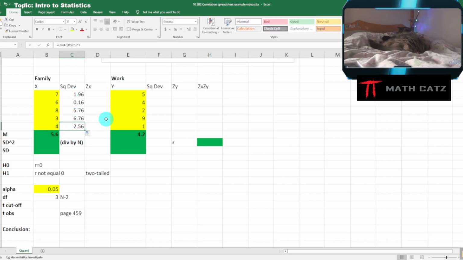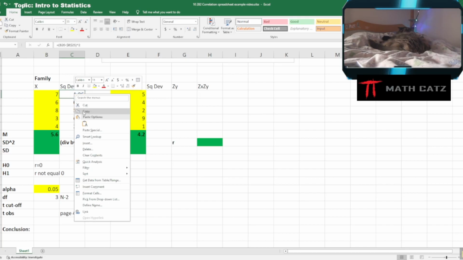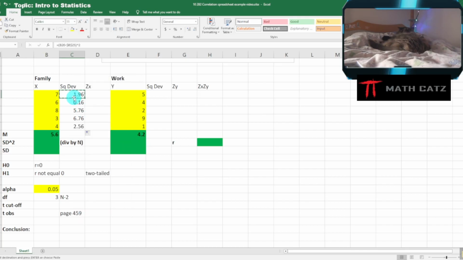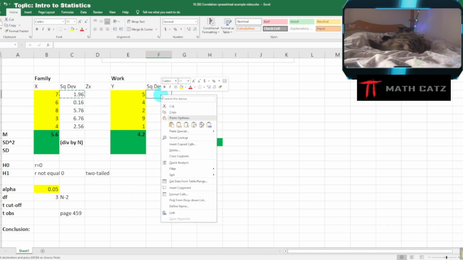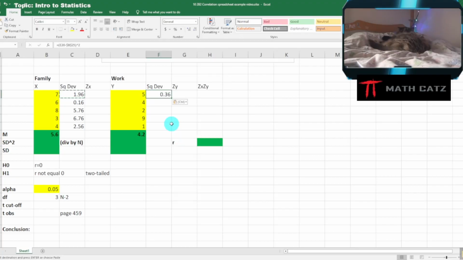We can do the same calculation for the square deviation for the Y values. You can totally type it in again, or I can copy this, which is essentially going to be the same formula, just put over here. Paste that, and you see that, okay, the blue did move right, but the pink is now referring to the mean of the x value. So I can just drag that over.